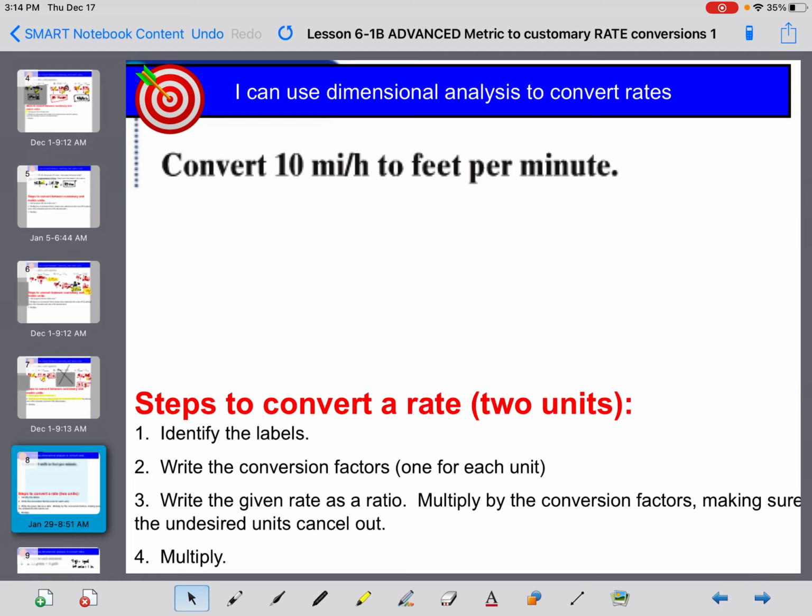The next thing we want to talk about is a rate, how to convert a rate. Notice this one isn't just converting 10 miles to feet. I'm talking about converting 10 miles per hour to feet per minute. A rate has 2 labels. So to convert a rate, it's going to require you to use 2 conversion factors.